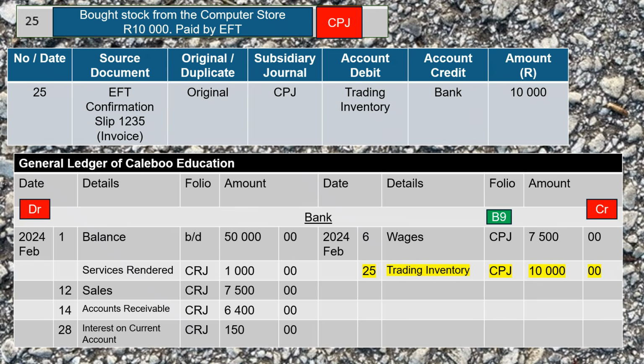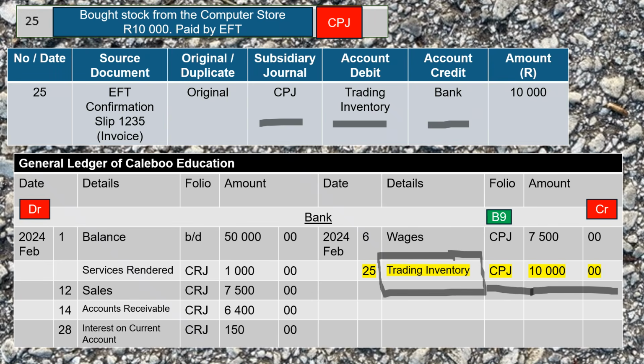Next one, we bought trading inventory. Where was it recorded? Cash payments journal. It was for cash. Bank gets credited by 10,000 because our bank balance decreased when we bought the stock. Which journal is this information recorded in? The cash payments journal. What is the name of the other or contra account of bank?